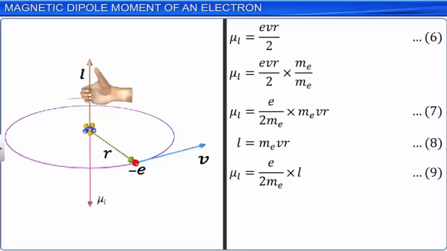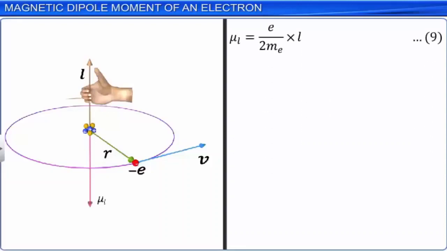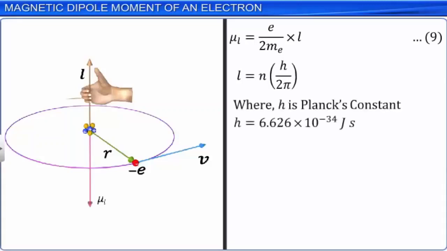Hence, we get the equation L is equal to n into h by 2 pi, where h is the Planck's constant, whose value is 6.626 into 10 power minus 34 joule second. Let this be equation 10. Here, n can take the values 1, 2, 3, and so on.